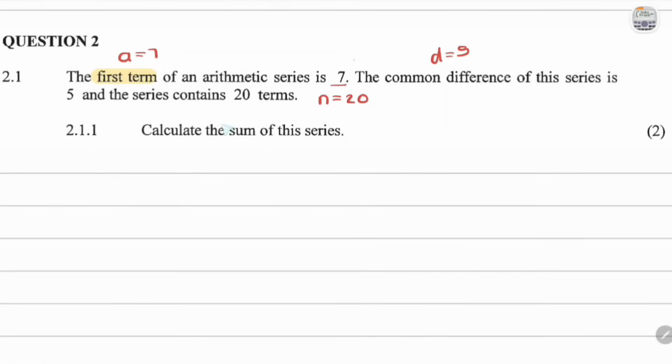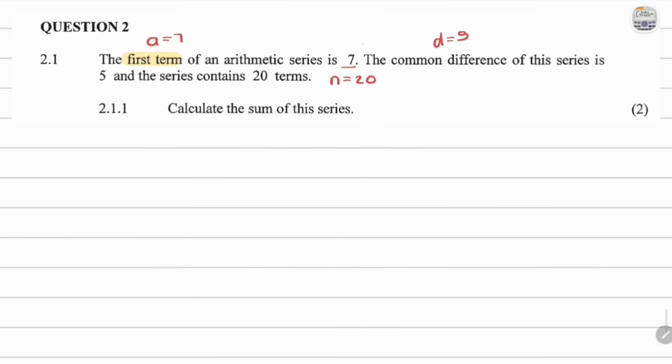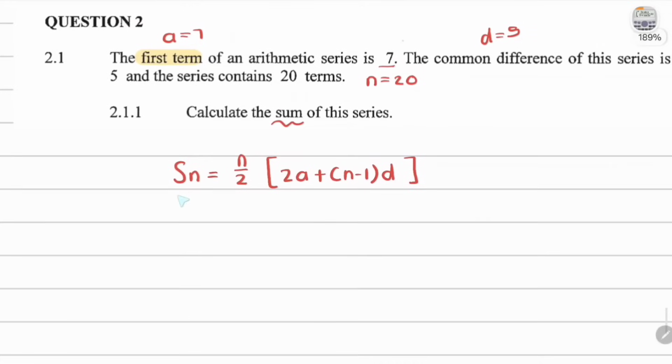Given this information, we need to calculate the sum of the series. Well, we have everything we need to do this. To calculate the sum of the series, you know that in your formula sheet, you are given the sum formula. We can use this formula to find the sum of the series. And we're going to specifically use this since we know we have the value of d, but we don't have the last term.